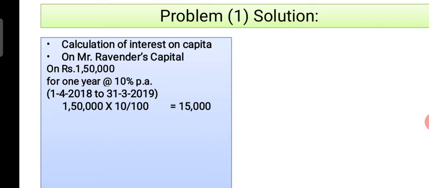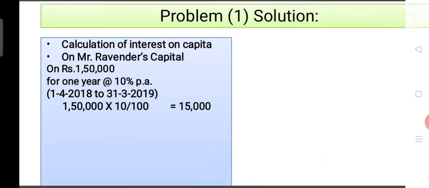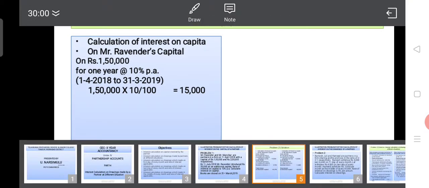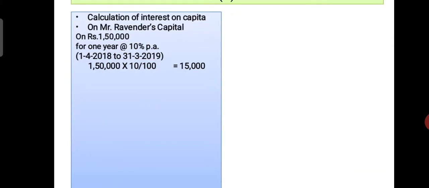And one more point, in the middle of the year, this partner gave some additional amount as additional capital to the partnership firm. On that amount also we need to calculate interest. See how much amount he introduced as additional capital. Rupees 50,000.